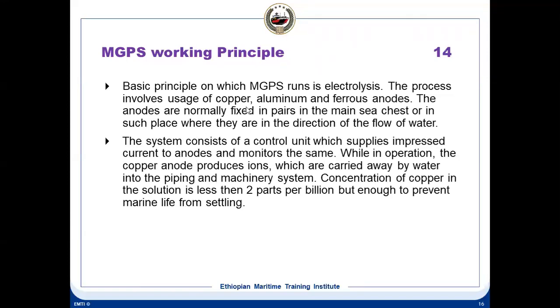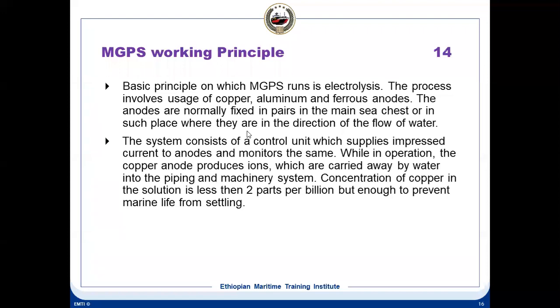The process involves the use of copper, aluminum, and ferrous anodes. The anodes are normally fixed in pairs in the sea chest or in a place where they are in the direction of the flow of water. The system consists of a control unit which supplies impressed current to the anodes and monitors it. While in operation, the copper anode produces ions which are carried by the water into the piping and machinery systems.